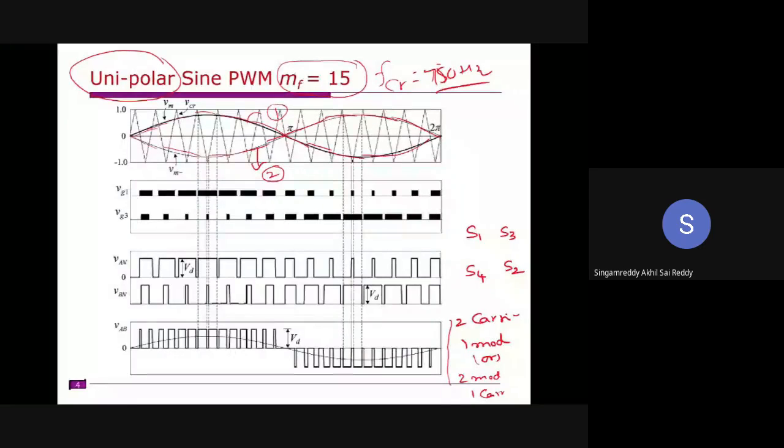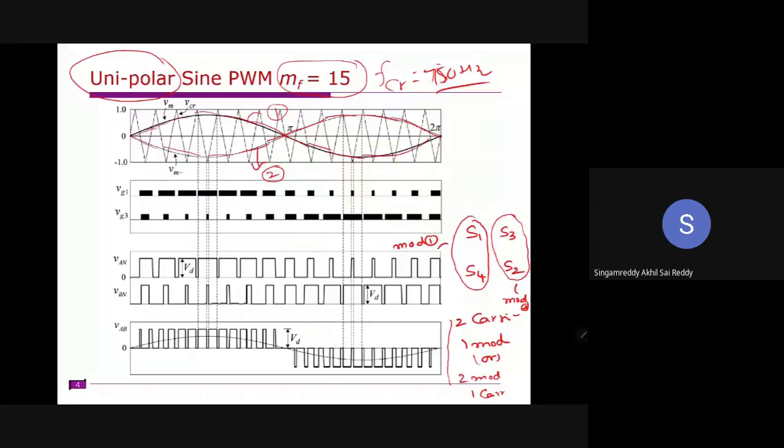Modulating signal 1 controls switches S1 and S4, and similarly modulating signal 2 will control S3 and S2.